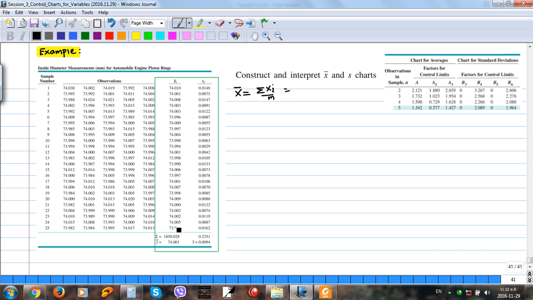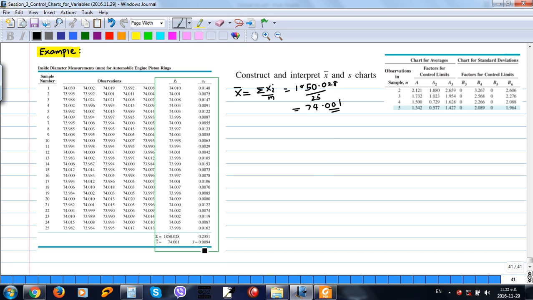The sum given here is 1850.028 divided by 25, and the answer comes as 74.001.